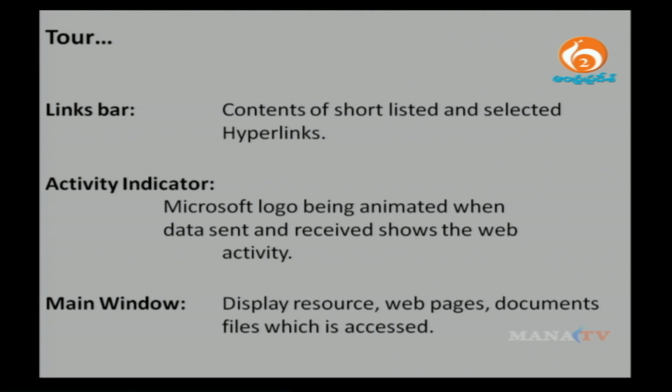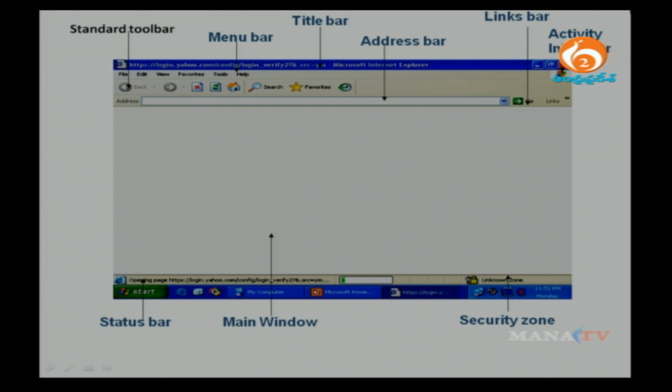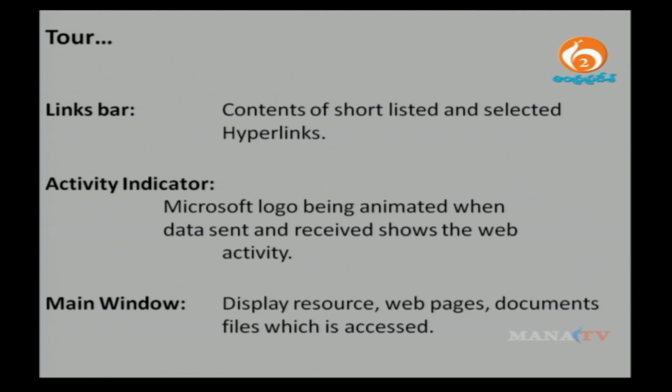Link bar: contents of shortlisted and selected hyperlinks. As I was showing, this is the link bar which shows us the selected hyperlinks. Activity indicator: the Microsoft logo is animated when data is sent and received, showing the web activity.